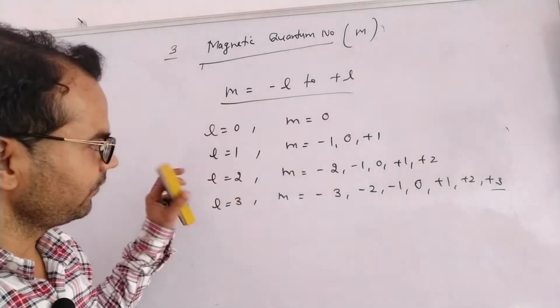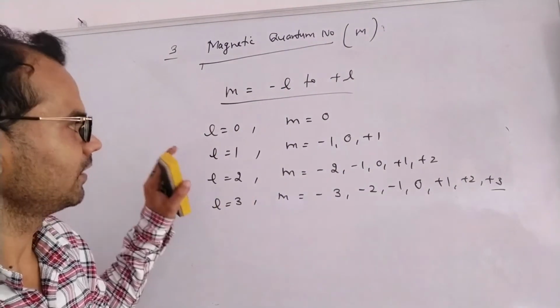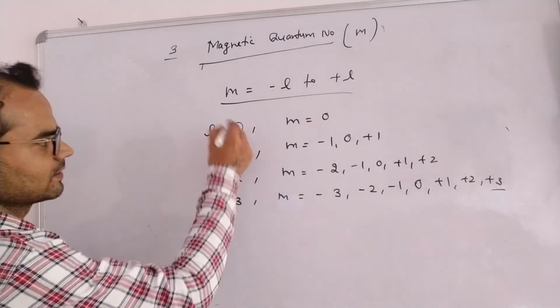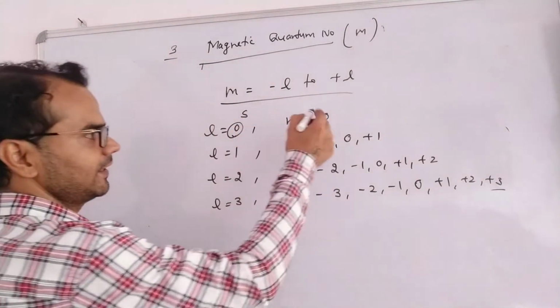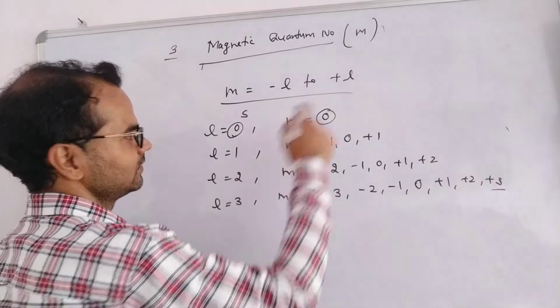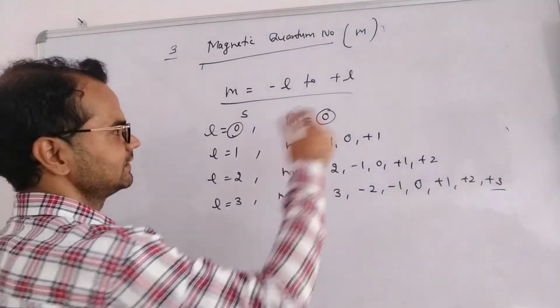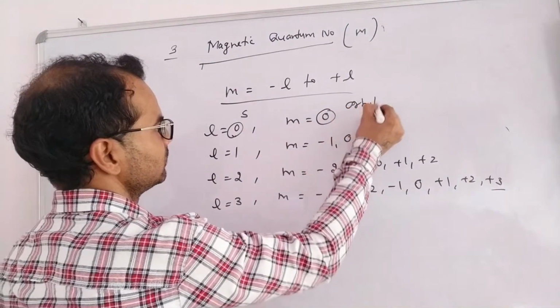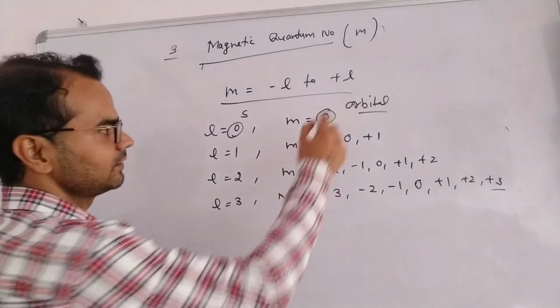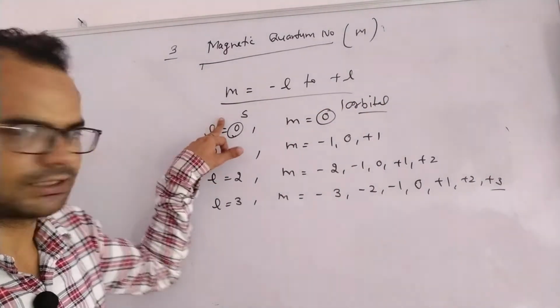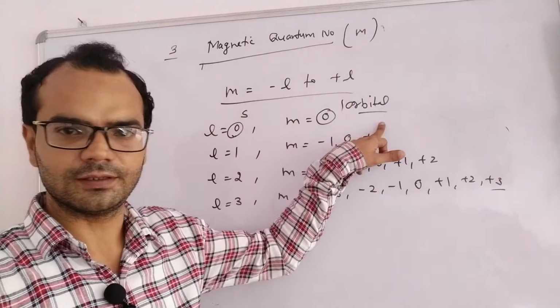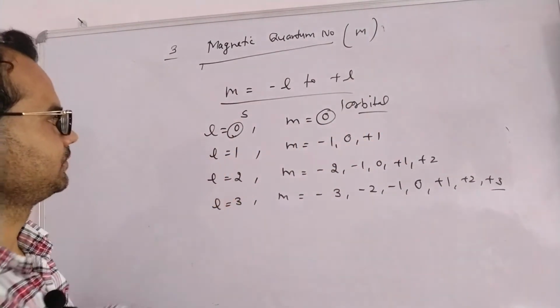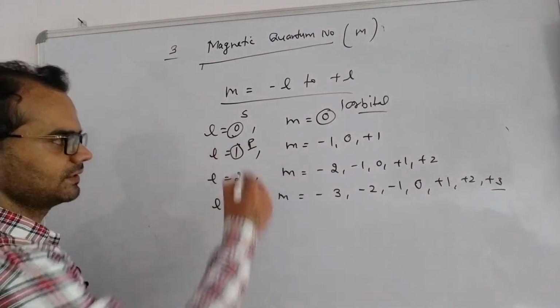So what can we conclude from here? l equal to 0 means s subshell, and the m value is only 0, a single value, so 1 orbital. So the s subshell contains 1 orbital. l equal to 1 is the p subshell.